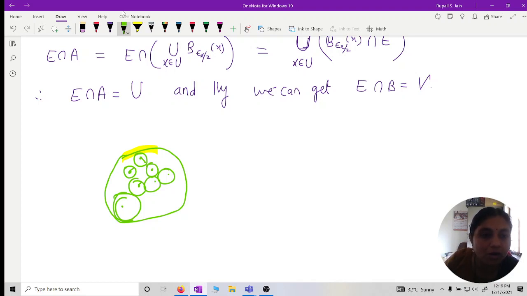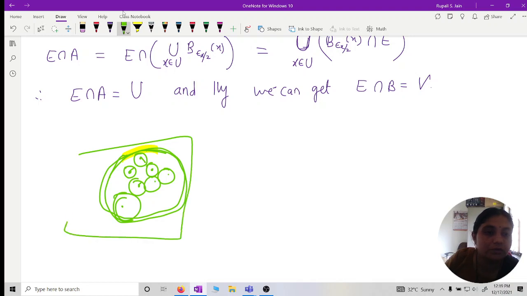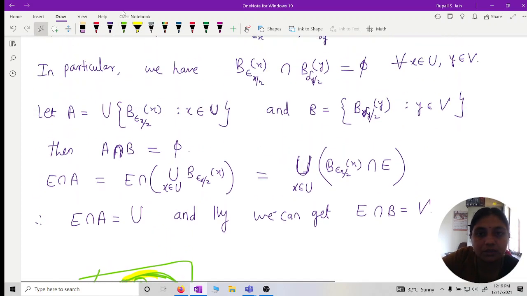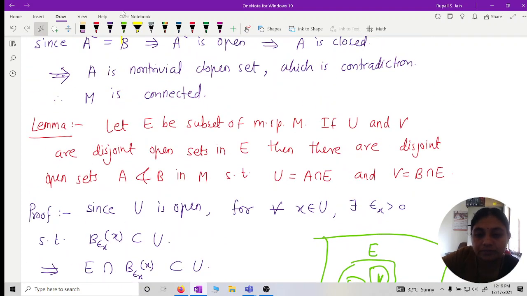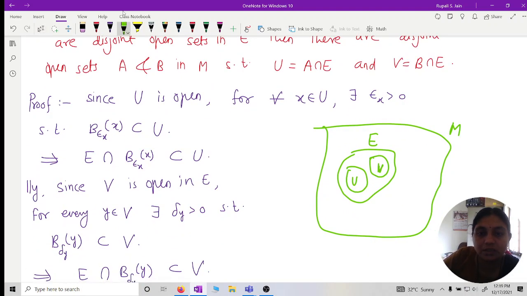I am taking the union of all those balls. And anyhow, this is contained in E. Where is E? You can see here. This is my E.